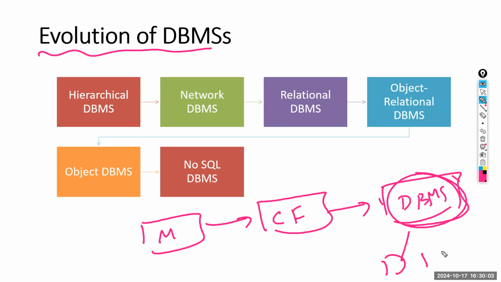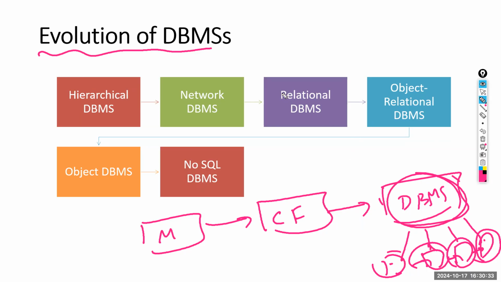What are the different sub-stages in this database management system? So basically, database management systems came into the picture somewhere around 1970s, latter part of 1970s. So from 1970s to maybe 2024, there are some major types of database management systems.